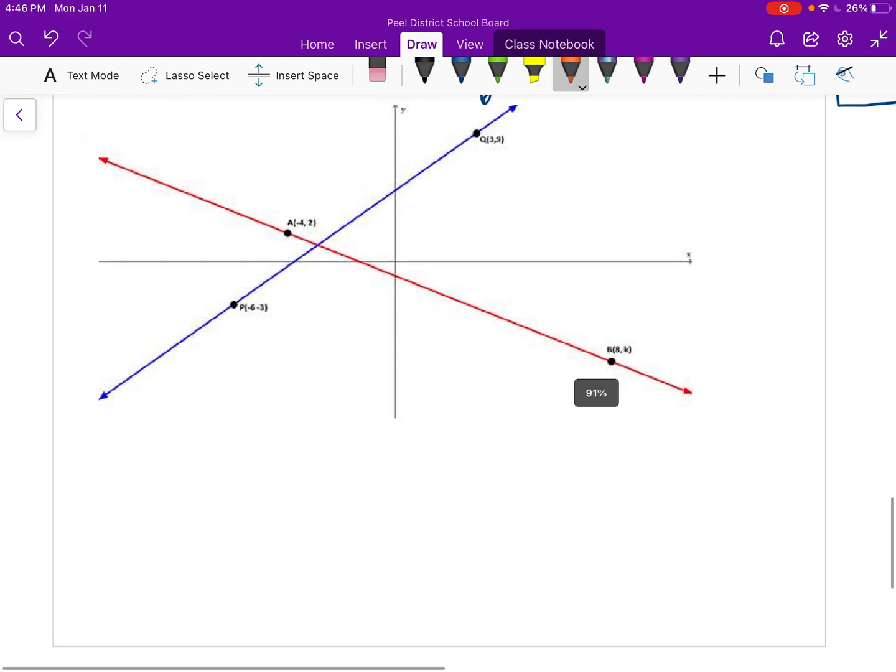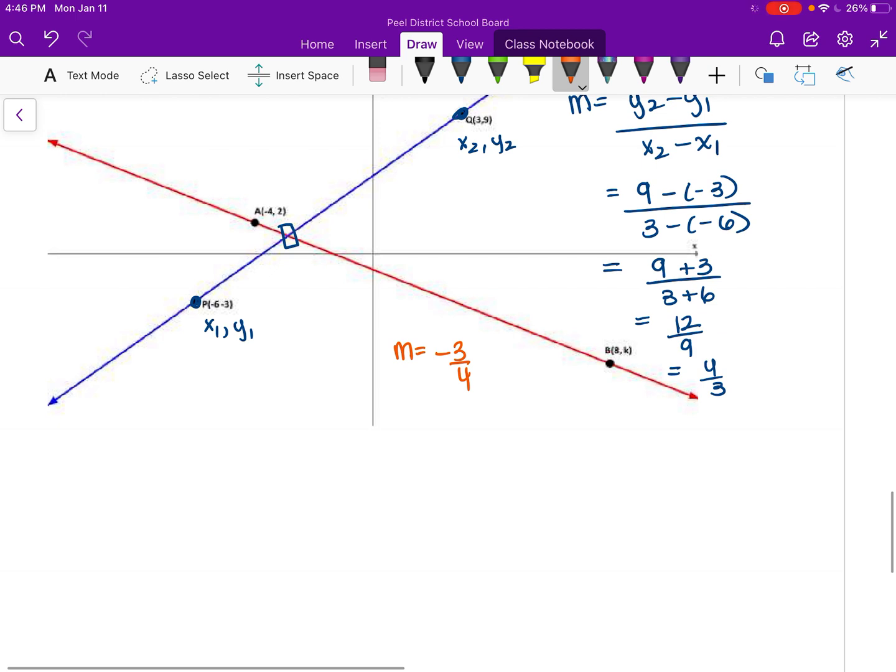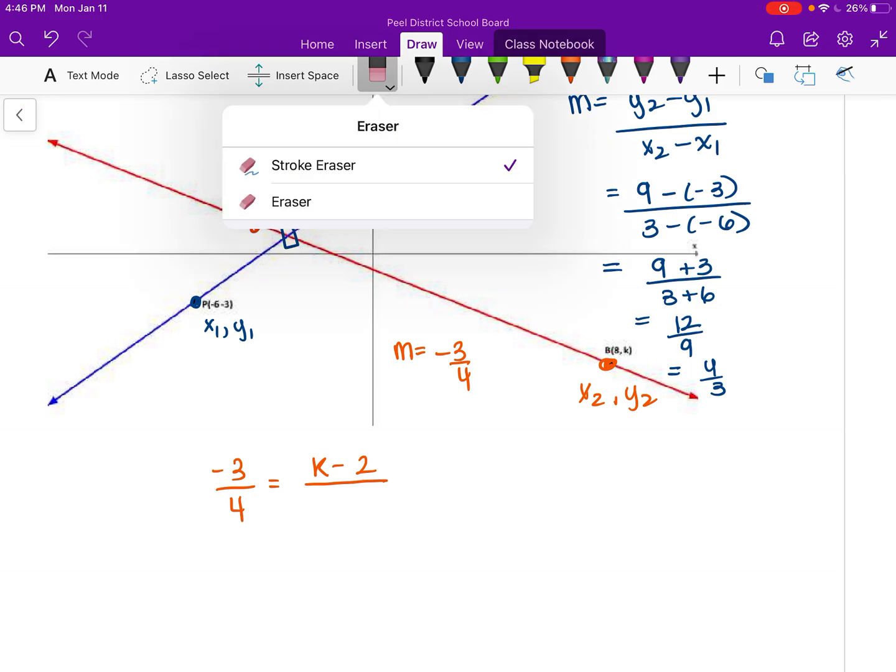Right? So now that I know what the slope is, it's really easy. We've already done this. We literally just did this. So we're going to do rise over run. So k, so I'm just going to put in x1, y1, x2, y2, right? And we're just going to substitute stuff in now.